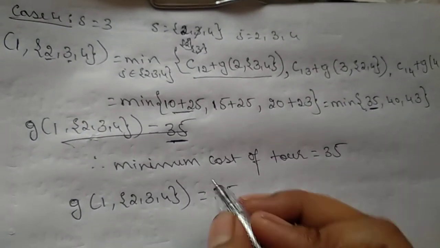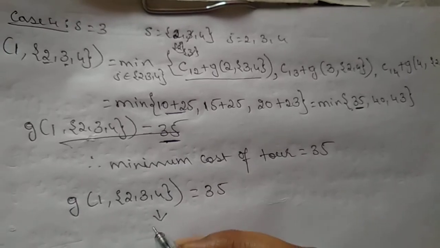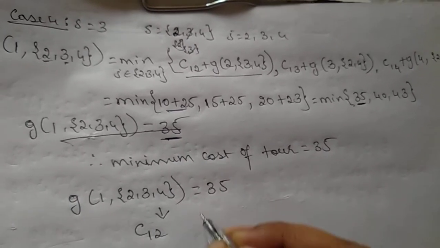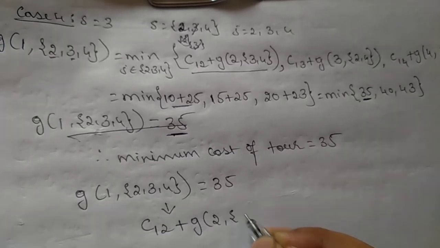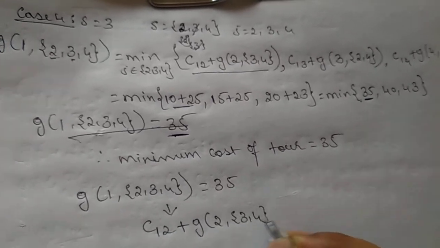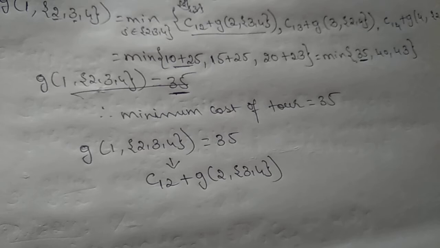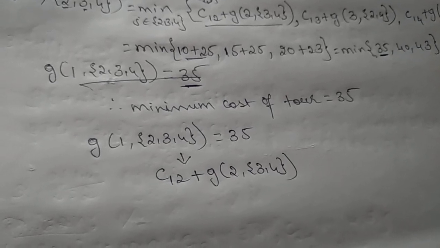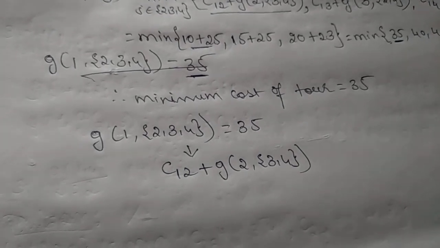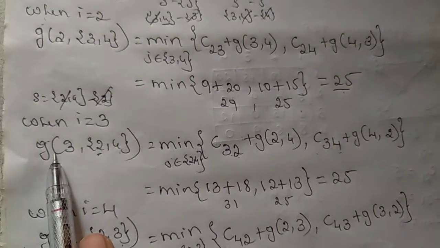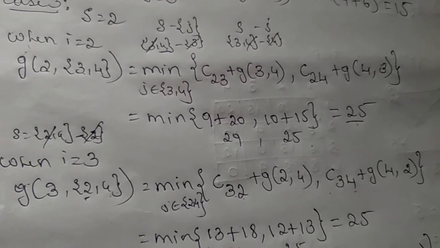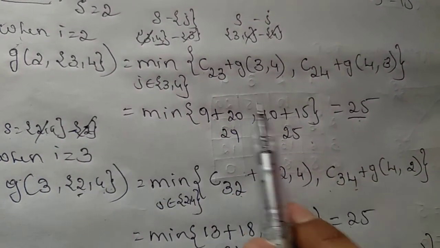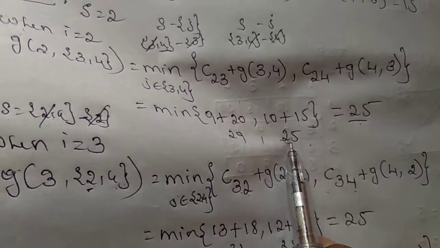So I'll just take C 1 2 plus G of 2, 3, 4. Now go to G of 2, 3, 4. See, G of 2, 3, 4. Is it not? Here, which is giving you minimum? 25.